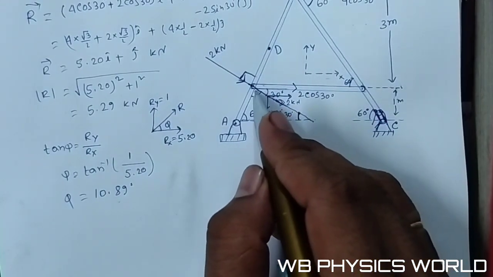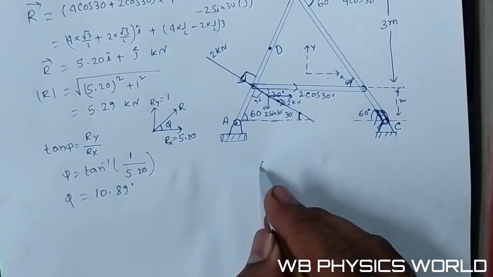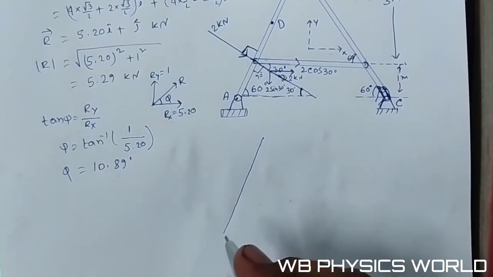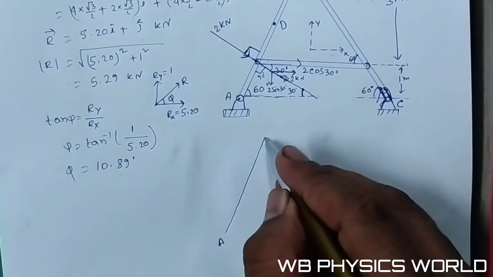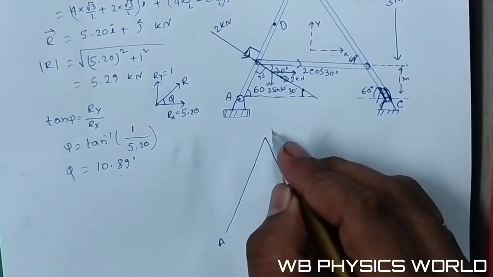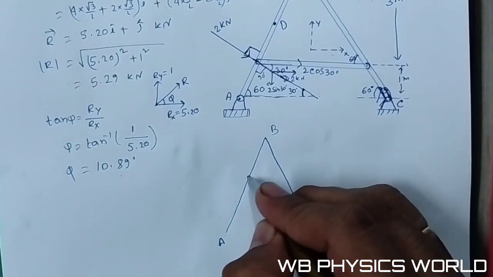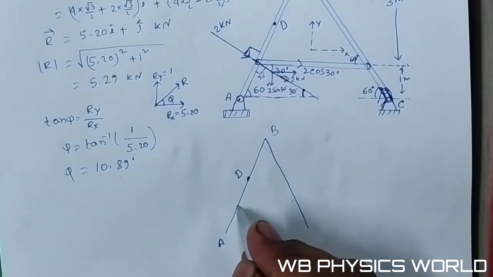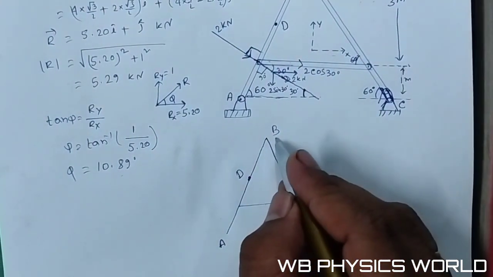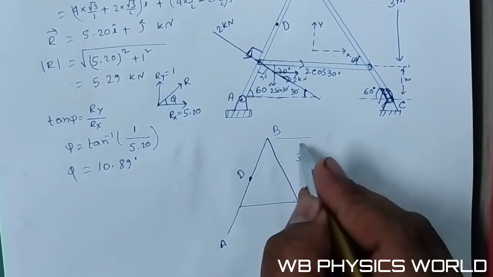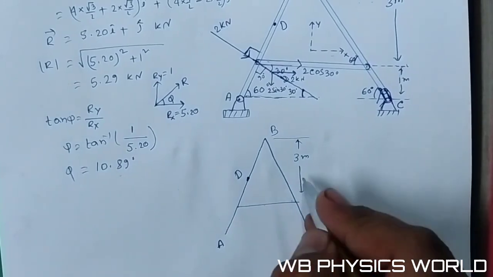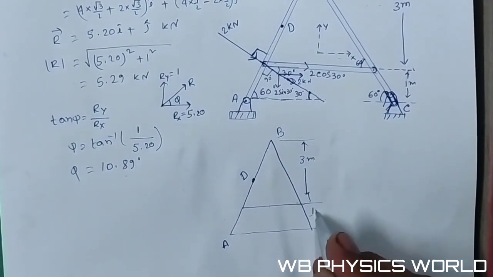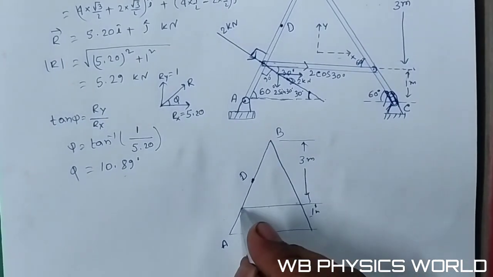So if this is the line A, B, and this point is D, and this distance is 3 meter, and this distance is 1 meter.